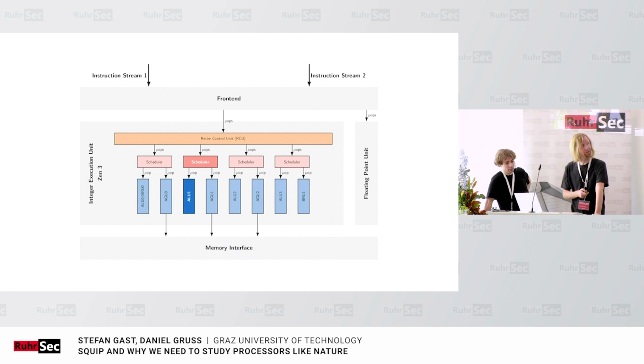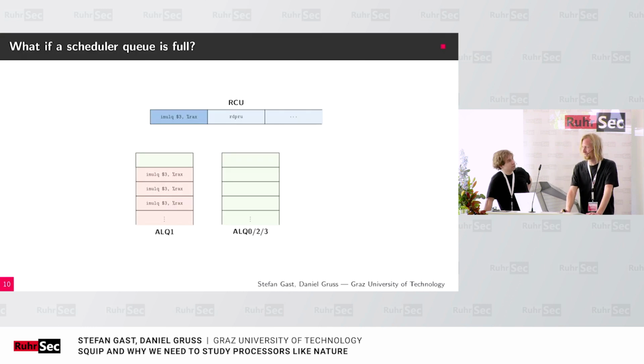Well, the question here is what happens if such a queue is full, and how does this forwarding from the retire control unit to the scheduler queues work in general? So here's the simple case. We have a queue that is almost full, but not full yet.